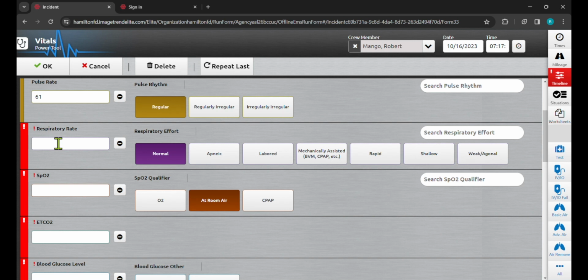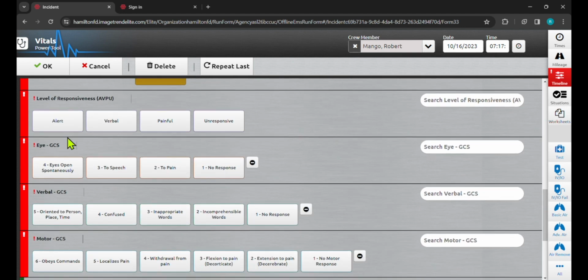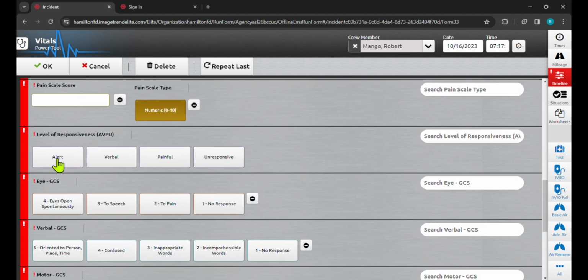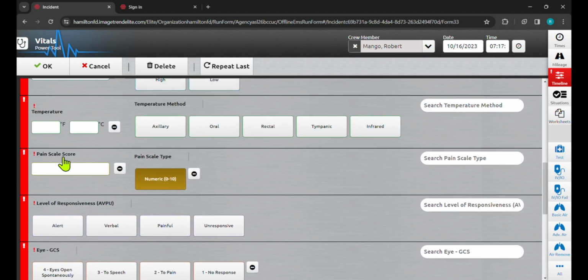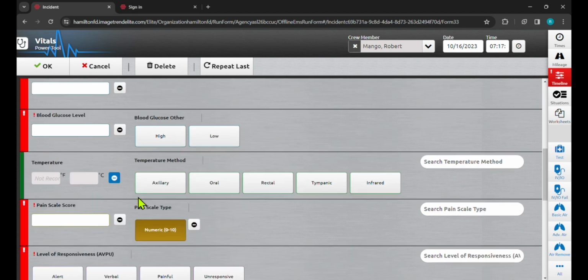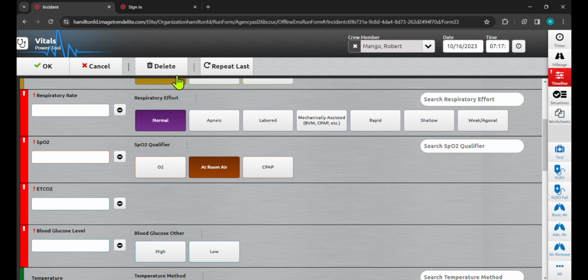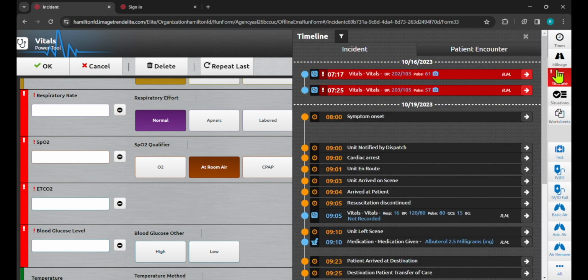Just be careful because there are times that is not a perfect function, and a lot of times your respiratory rate will say 72. So just make sure it makes sense. Okay. So all of these things, the GCS, the AVPU, the pain scale, all those still need filled out or declined. And that doesn't happen with the import. So you will have to open each set of vital signs to complete them.